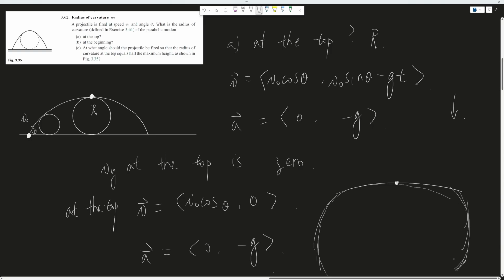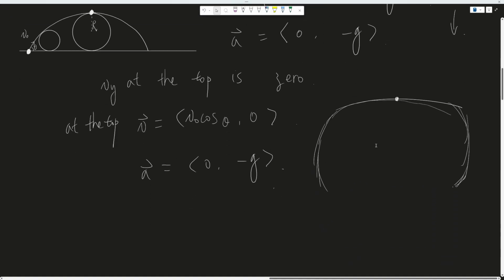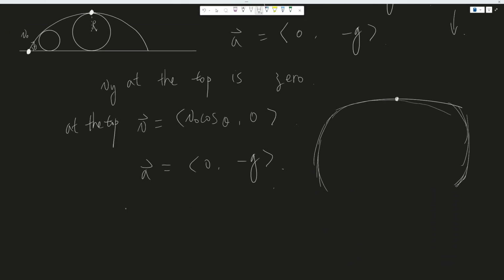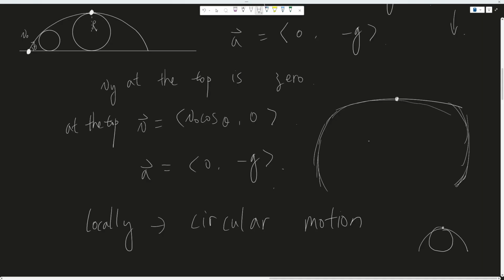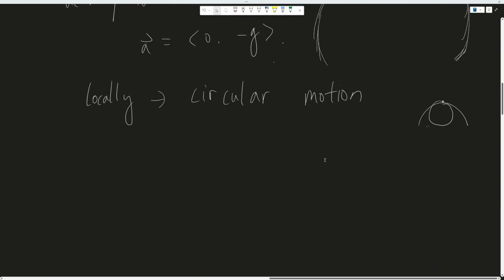Then can't we say that the behavior at this point, at least locally, is a circular motion? I'm not saying that the entire motion across the whole path is circular. Only at the specific point on the parabola, it is behaving as if it's in circular motion.